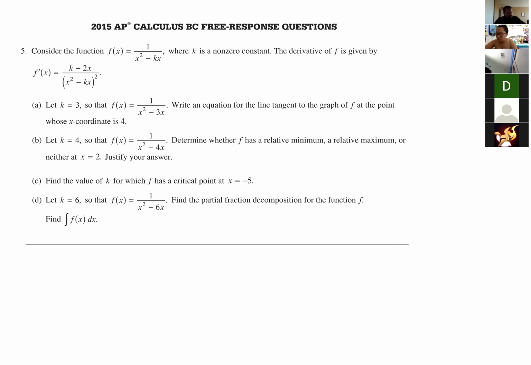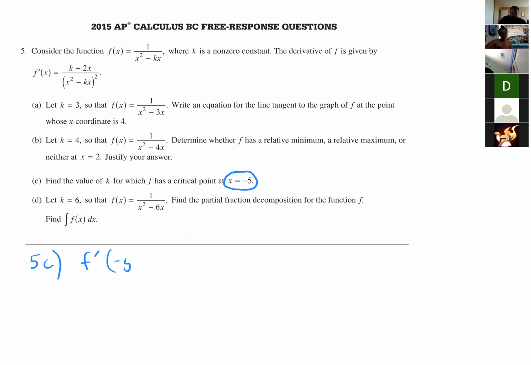Okay, so for 5C, I'll do it down here. On 5C, we know the derivative. We're given the formula at the top, so it's f prime of, and we're told that x equals -5.